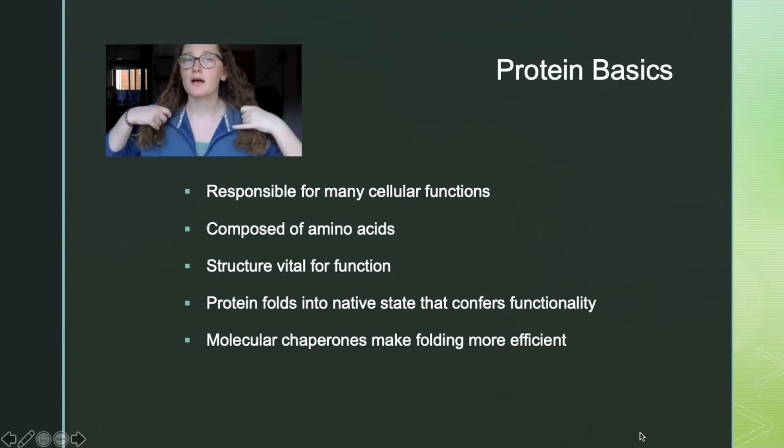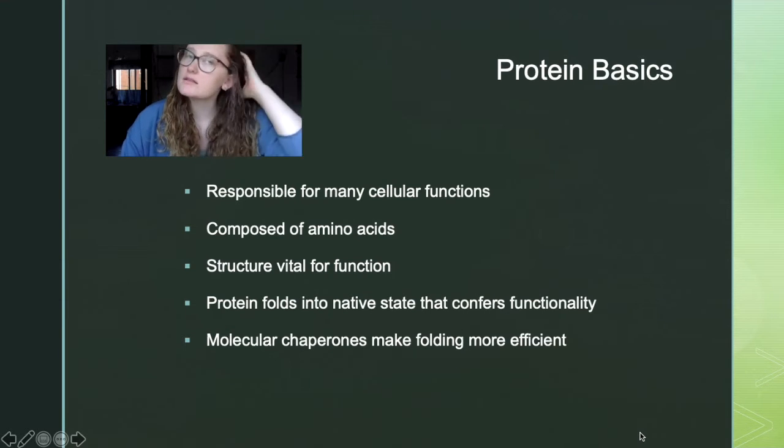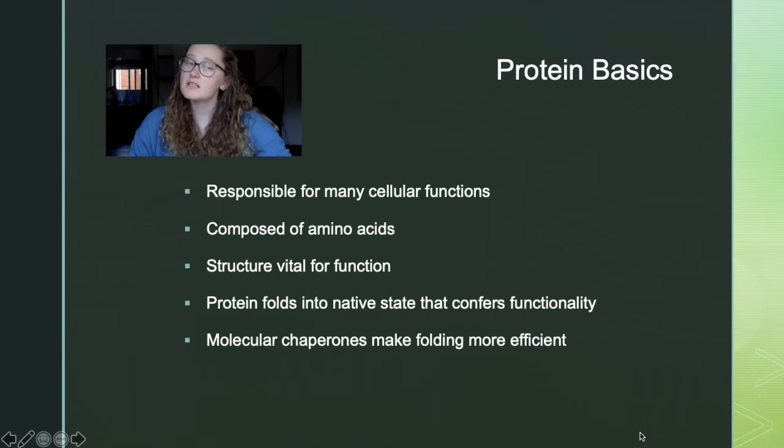Proteins are composed of amino acids. That's their building block. And the order and the structure of those amino acids determines the structure of the protein. And the structure of the protein is absolutely vital for its function. It can't function unless it has the proper structure. So how do you get that structure?